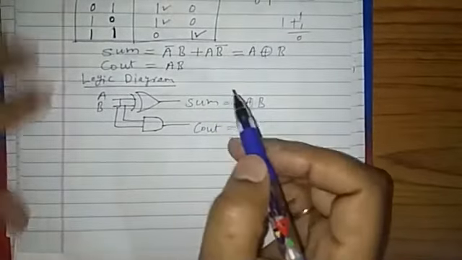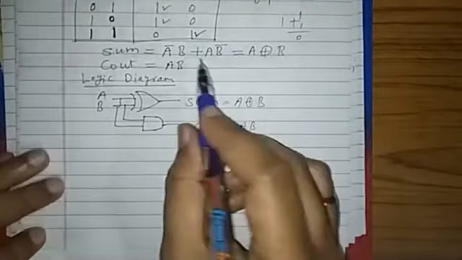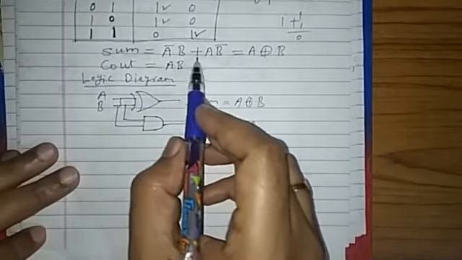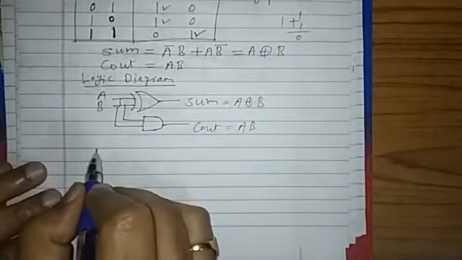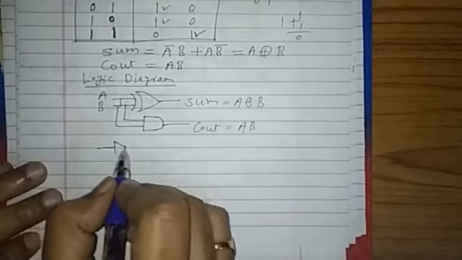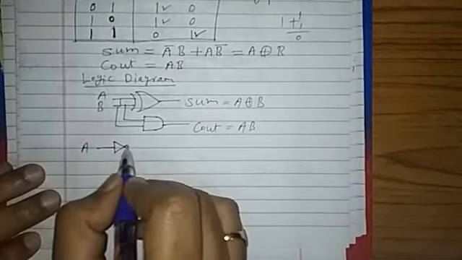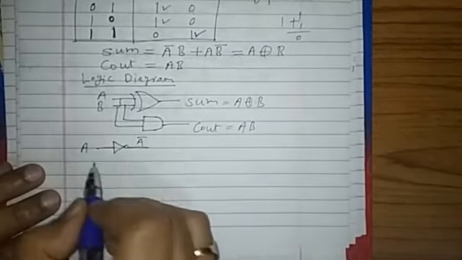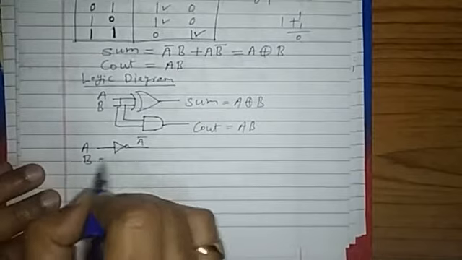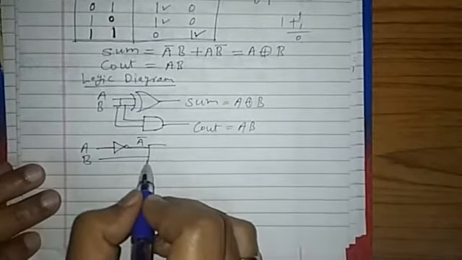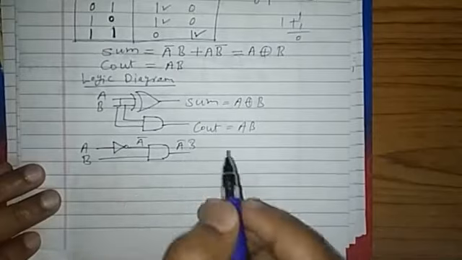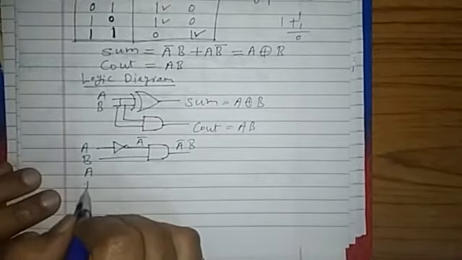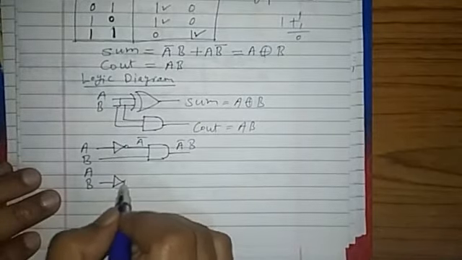Now if I ask you to draw the half adder using only basic gates, we need to take a bar b plus a b bar, and then ab. Therefore I can show that also using basic gates. A will be, this is a bar, and then b, therefore this will be a bar b, and after that a and b bar.